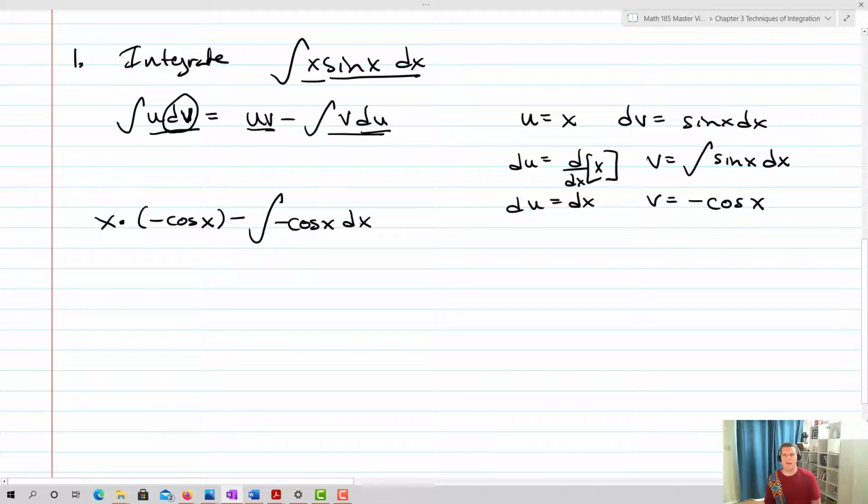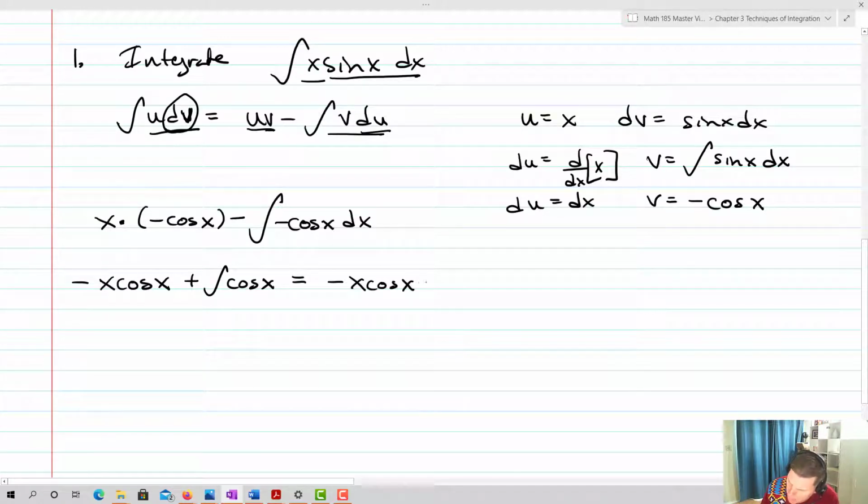Well, that's great news, because all we have to do now is just pull out that negative from cosine x dx, and I can totally integrate cosine x dx. So now I end up with negative x cosine x plus the integral of cosine x, which is going to equal negative x cosine x plus sine x plus c. And that is the integral of x sine x.